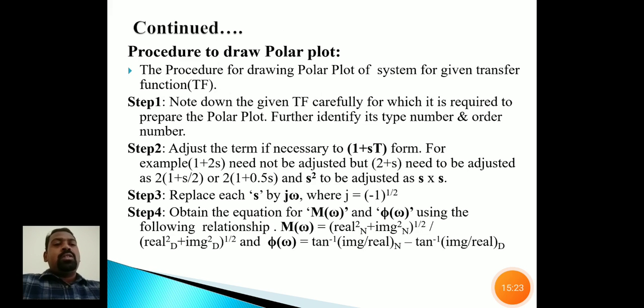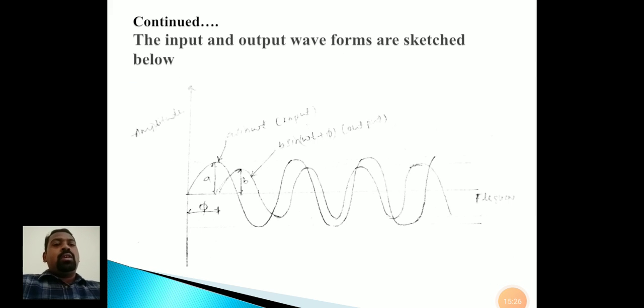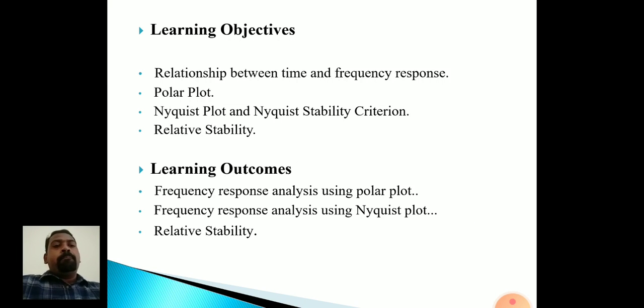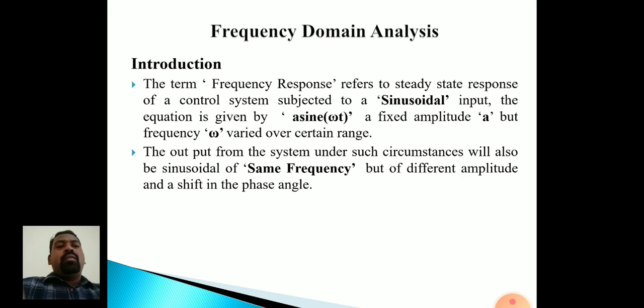So this is the first session, and once again we can have a brief recap. Here we have discussed the learning objectives and learning outcomes, and what frequency domain analysis is. The input waveform is A sin omega t and the output is B sin omega t, where A and B are constants, nothing but the amplitudes: A is the amplitude of the input waveform and B is the amplitude of the output waveform, and omega t is the frequency with time domain.